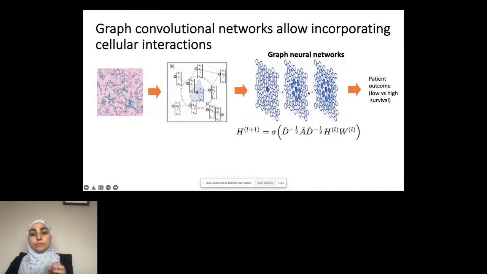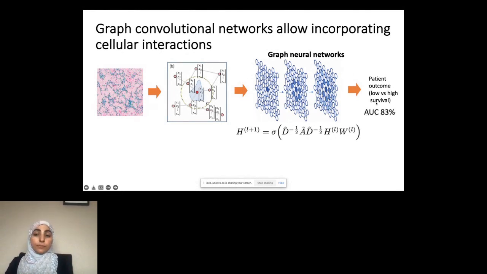How this happens is by considering the adjacency matrix between these cells, and it also learns W in order to predict certain outcomes. To predict patient outcome, we consider the influence of each cell on the other cells. Basically this gives us a very interesting machinery that allows us to consider the state of the cell and the state of neighbors in a dynamic way to understand which ones are contributing to the outcome.